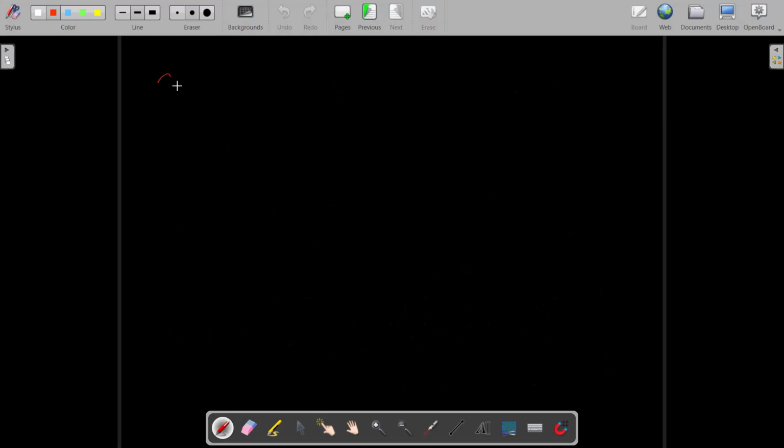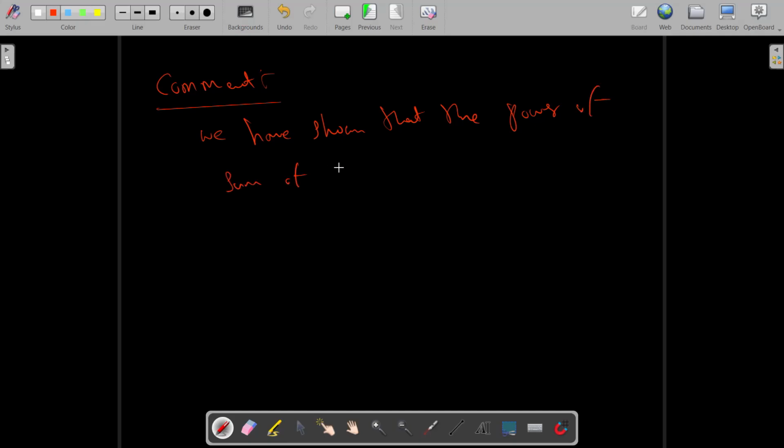The important observation is that we have shown that the power of a sum of two sinusoids is equal to the sum of the powers of the sinusoids, right?